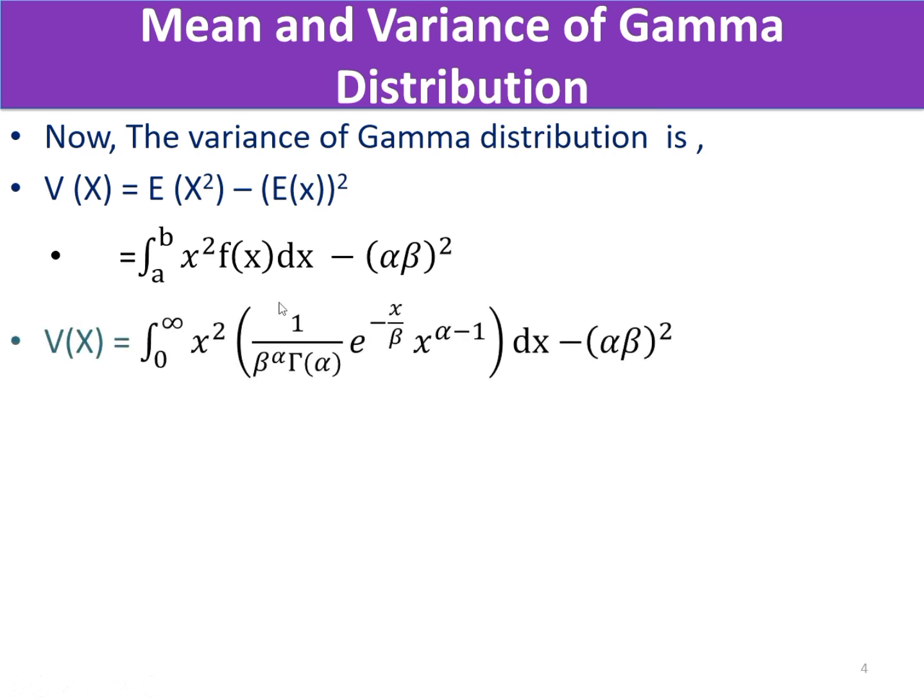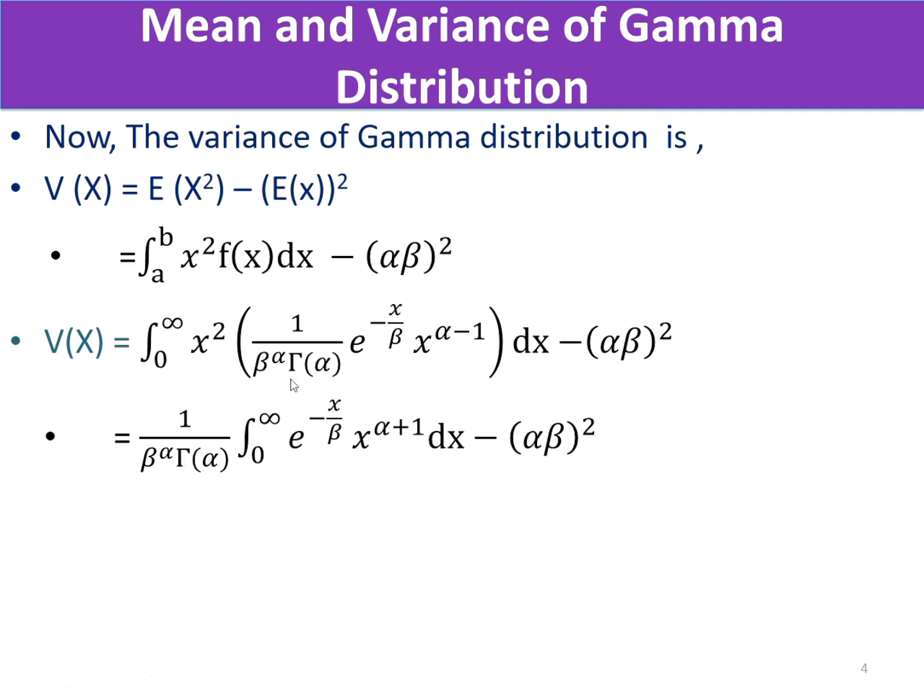After substituting the value of this probability density function in the first expression, we obtain the term 1 divided by beta to the power alpha gamma alpha, which are the constants outside the integration, and the integration is e to the power minus x by beta, x to the power alpha plus 1 dx.